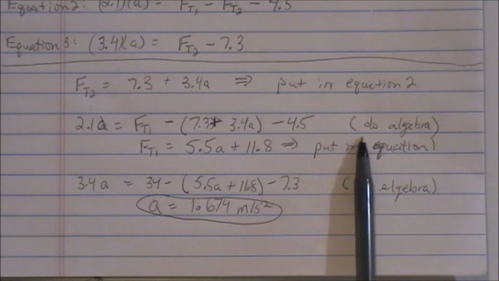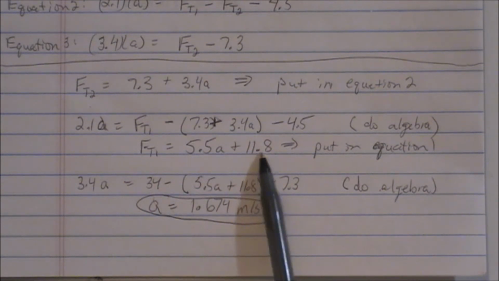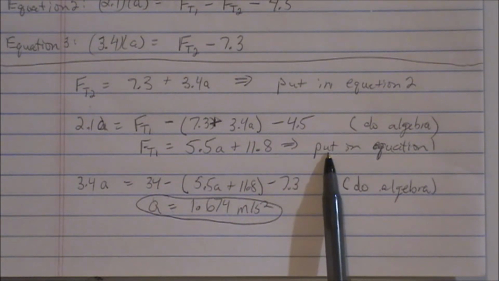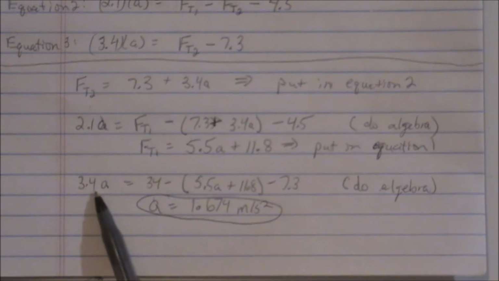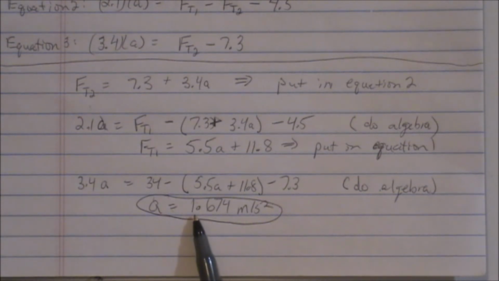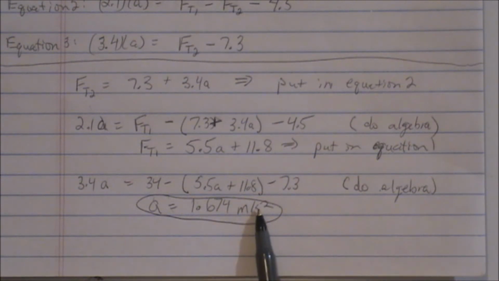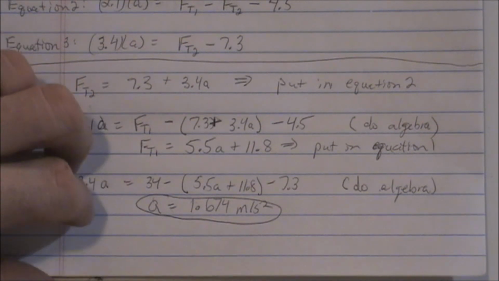I did the algebra, collected all the like terms, came up with this for the first tension, and put that up into the first equation, where the first tension was. Once again, I did all the algebra, collected all the like terms, and got the acceleration as 1.674 meters per second squared. This time I left out all of the sig figs in a little bit more detail.